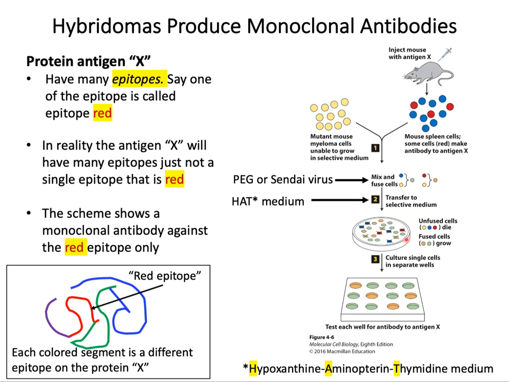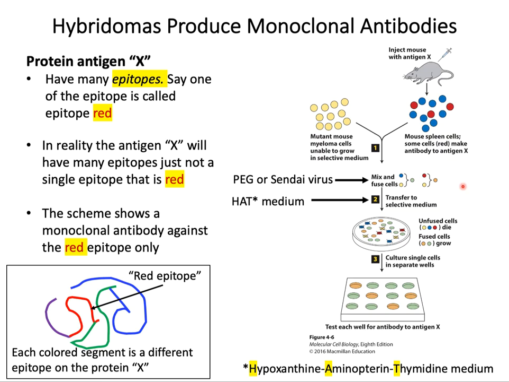Subsequently, we will see the use of a medium known as HAT, or hypoxanthine aminopterin thymidine medium. This is a selection medium which blocks the de novo or the salvage pathway. But the mouse B cells have both TK and HGPRT in them.